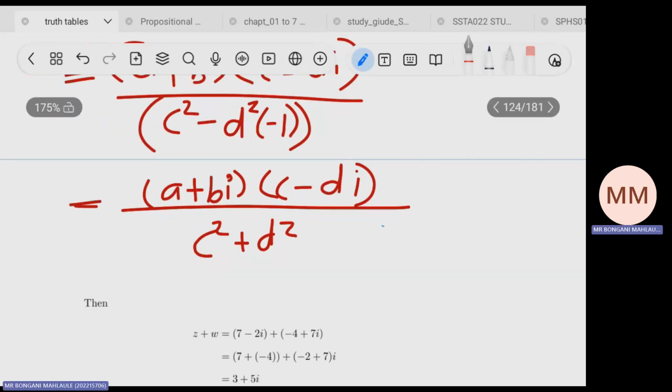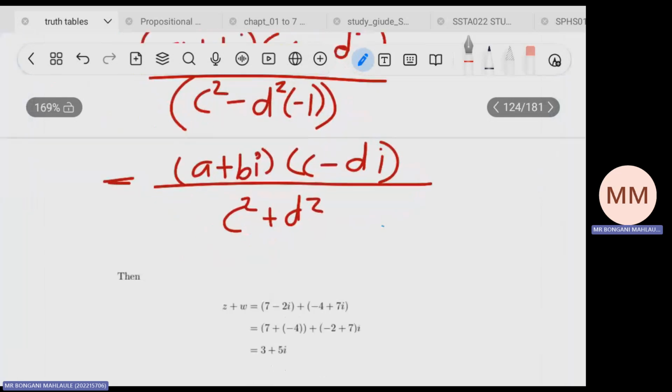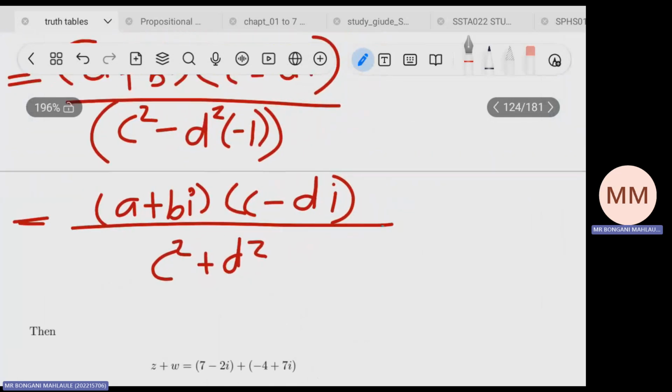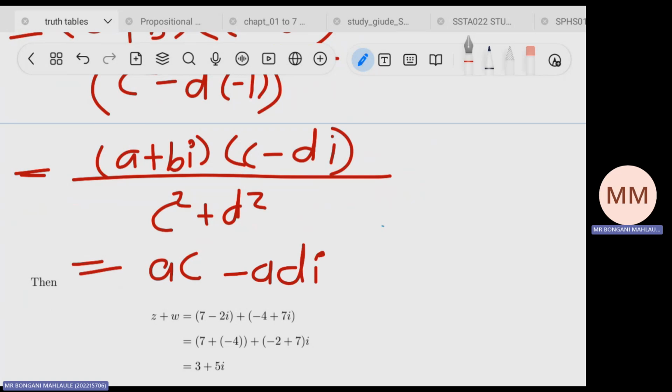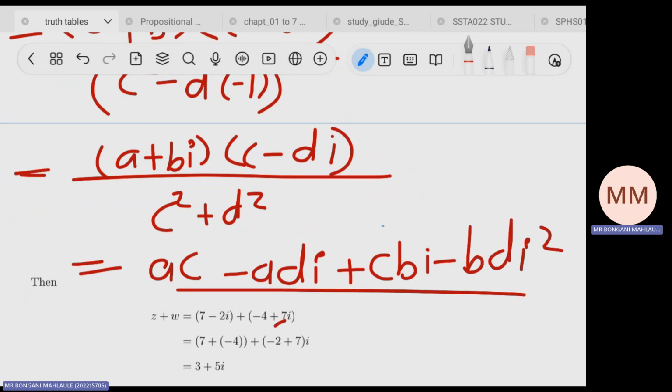Right, and then obviously from here we want to simplify this part as well. So this will be ac plus, it will be minus adi plus cbi minus dbi squared, all over c squared plus d squared.